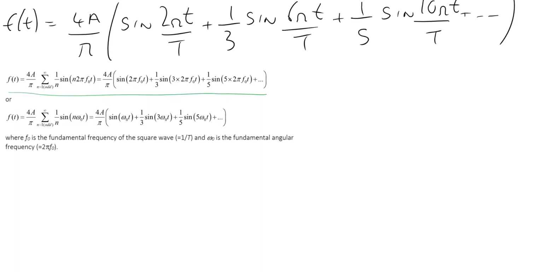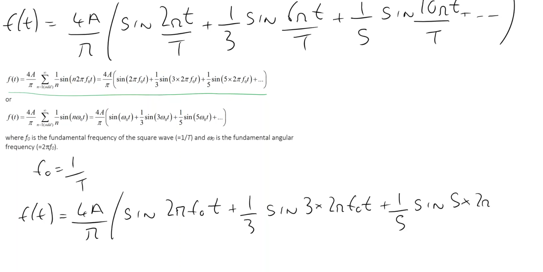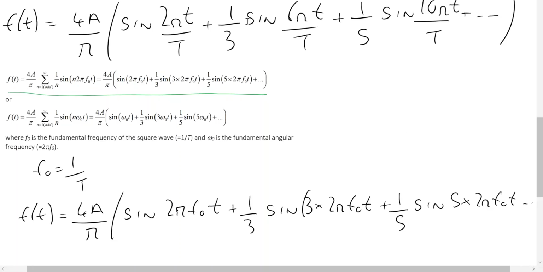Now we know that if T is the period, f0 is equal to 1 over T. So we can rewrite the Fourier series as derived above as f of t is equal to 4A divided by pi, and then the first term becomes sine 2 pi f0 t, second term becomes 1 over 3 sine, and then it's 3 times 2 pi f0 t, and then the third term becomes 1 over 5 sine 5 times 2 pi f0 t, and so on. We should perhaps put brackets around those terms like that.